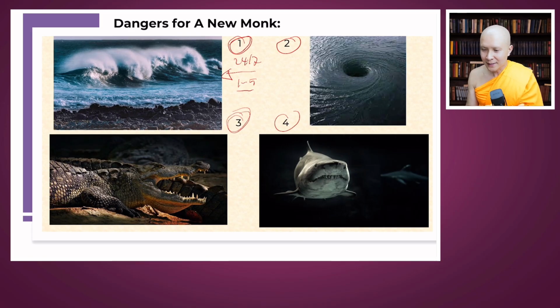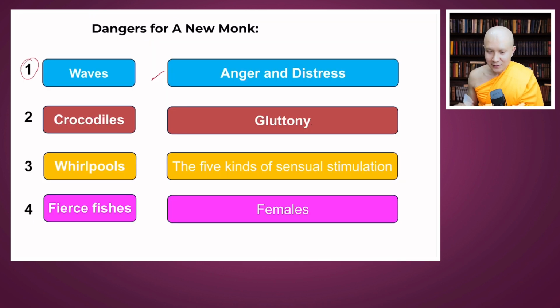Okay. And the second thing is the crocodile. What's wrong with the crocodile? The crocodile is an animal with no tongue, right? It eats anything, good, bad, chicken, beef, whatever it is. A crocodile eats everything. If someone becomes a monk and is addicted to eating, he becomes gluttonous.